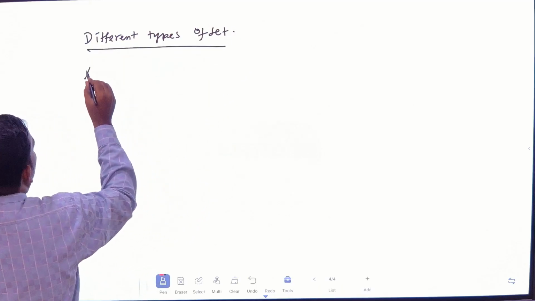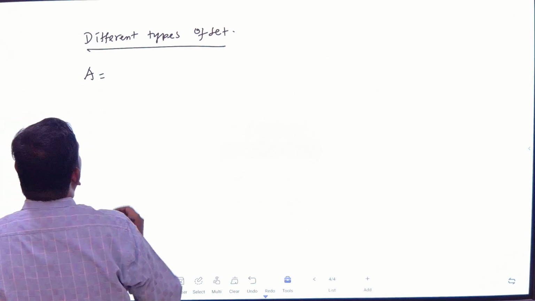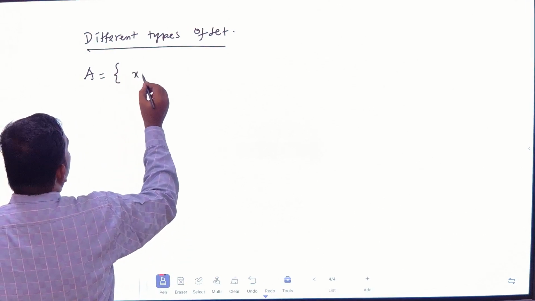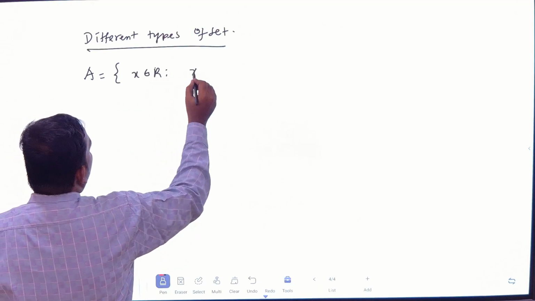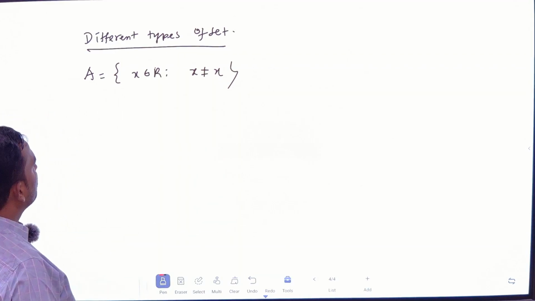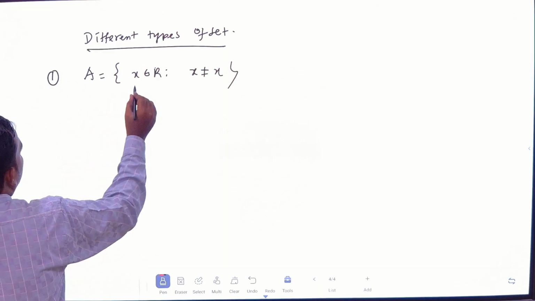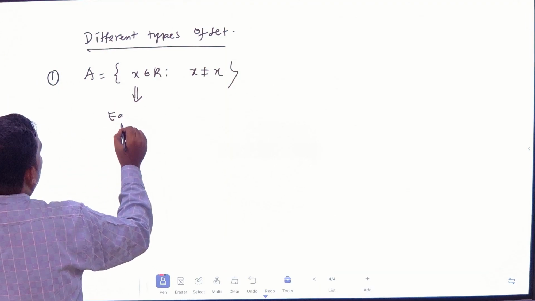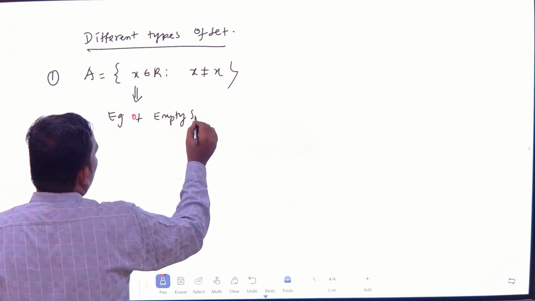Let's take the set A: x belongs to real numbers such that x not equal to x. Let's take this set. So first observation, this is the example for the empty set. Why is it an empty set?